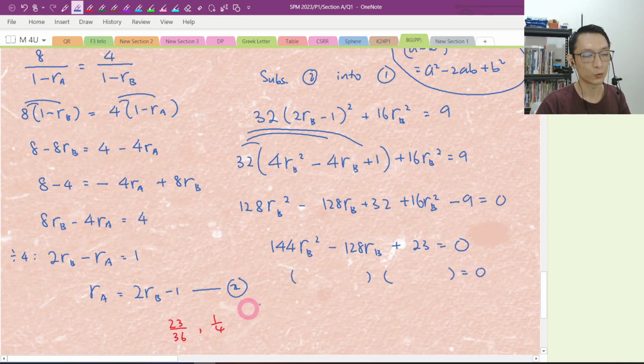Okay, how to write the parentheses for this one? I mean the term inside the parentheses. So whenever you see a fraction, you leave some space. Leave some space here. Okay, if you get positive, you are going to write negative. Just write negative 23.